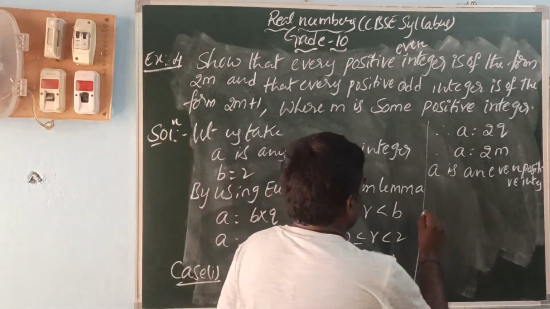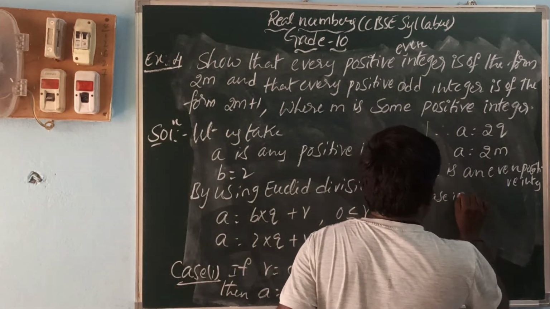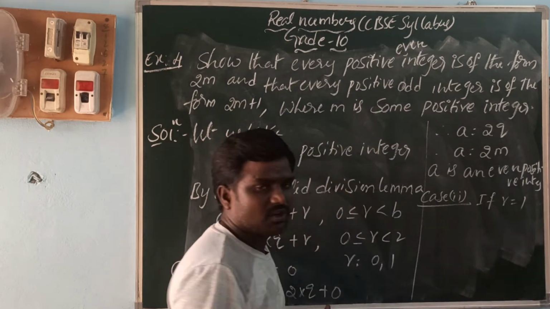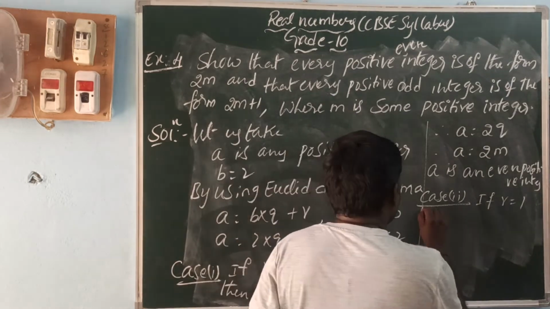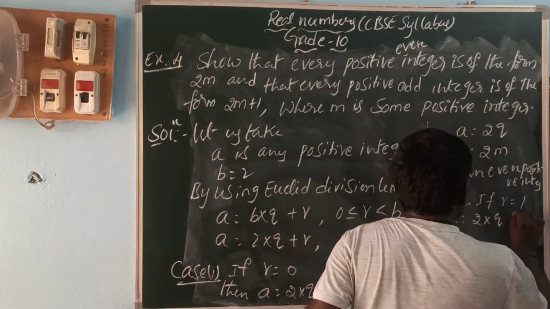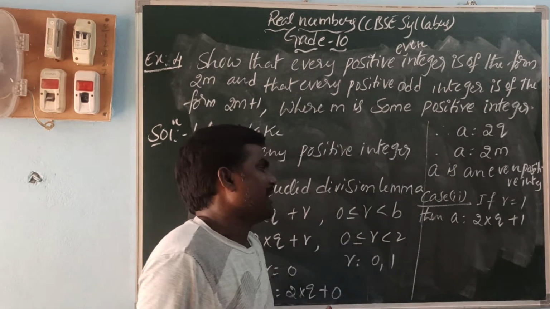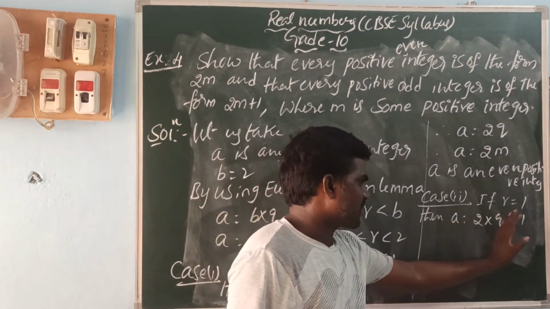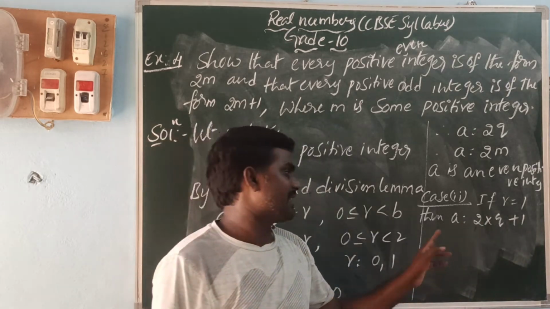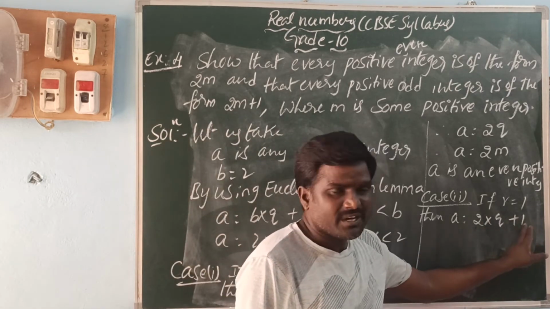Okay, next case 2. If r is equal to 1, then a is equal to 2 into q plus 1. So that means a is a multiple of 2 plus 1. Multiples is nothing but divisible. That means the integer is divided by 2 and the remainder is 1.